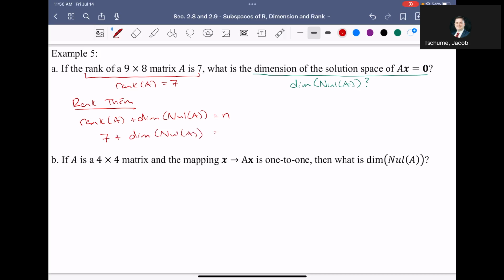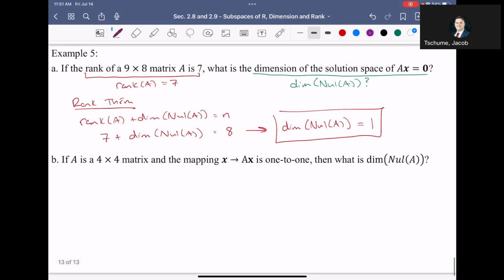And since the original matrix is a 9 by 8 matrix, I know it has 8 columns. Doing some basic algebra, subtract the 7 from both sides, and you have just found that the dimension of the null space must be 1. So there's only one vector in that subspace's basis.